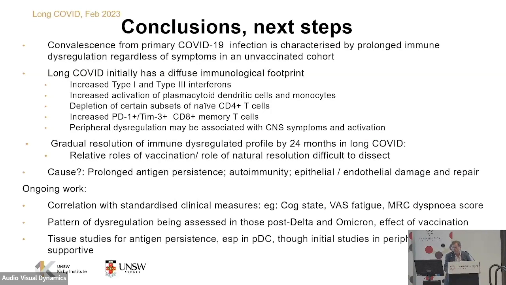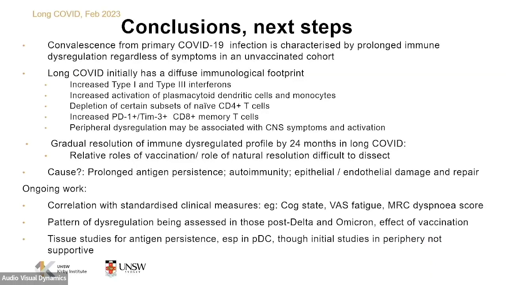So convalescence from primary COVID infection in the absence of vaccination is characterized by prolonged immune dysregulation, regardless of the symptoms in an unvaccinated cohort. Long COVID has a diffuse immunological footprint characterized by increased type 1 and type 3 interferons, increased activation of plasmacytoid dendritic cells and monocytes, depletion of certain subsets of CD4 and CD8 naive T cells.